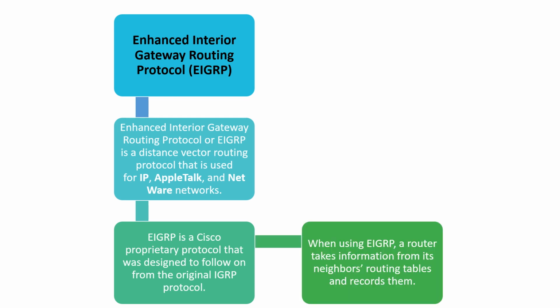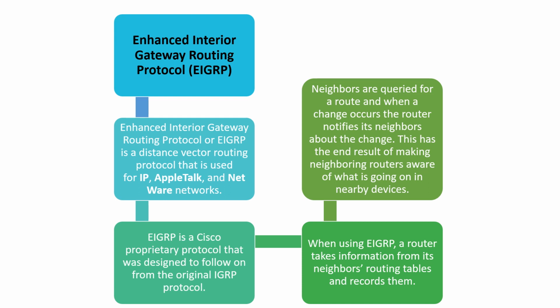And using this enhanced version, the router takes information from its neighbors' routing tables and records them, and the neighbors are queried for a route, and when a change occurs, the router notifies its neighbors about the change. So this makes the neighboring routers aware of what is going on in the neighboring and nearby devices. So this is the difference between the enhanced version and the original interior gateway routing protocol.